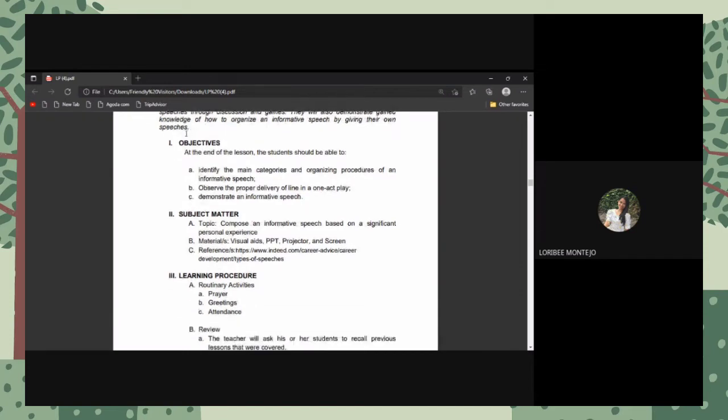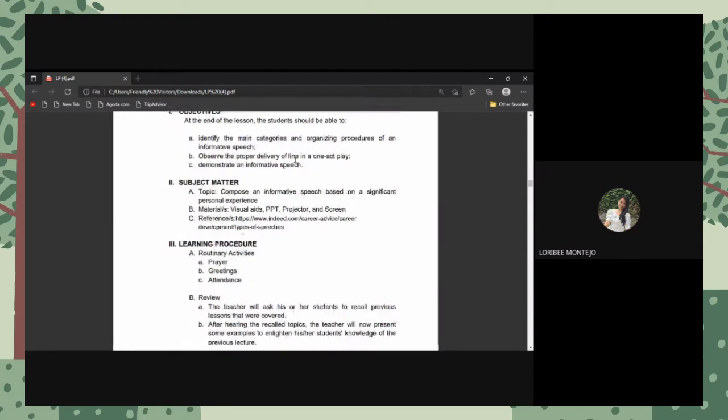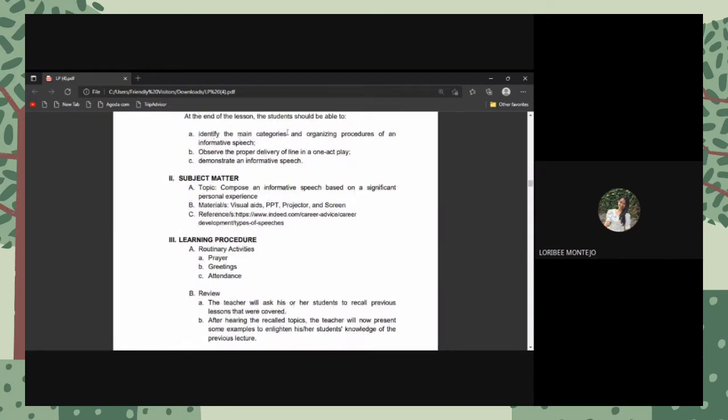We will go down to our objectives. At the end of the lessons, the students should be able to: first, identify the main categories and organizing procedures of an informative speech. Second, observe the proper delivery of lines in a one-act play. And lastly, demonstrate an informative speech.